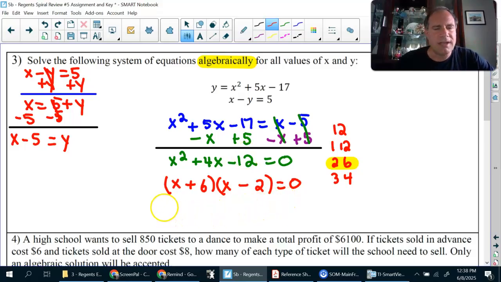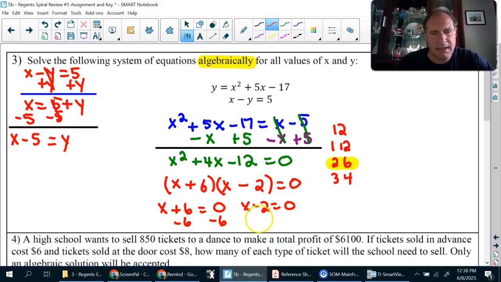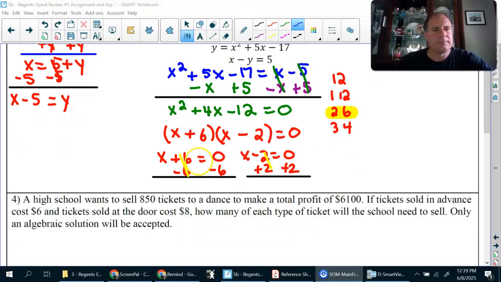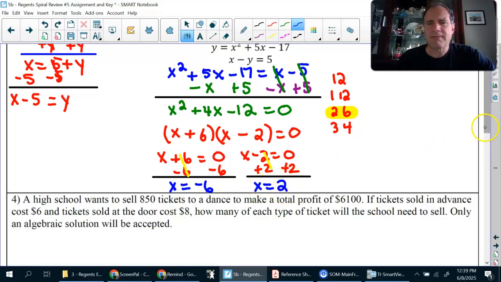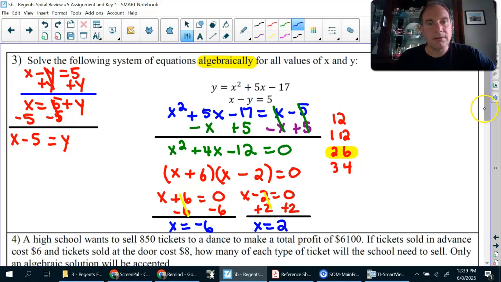Now we use the zero product property, and you have x plus 6 equals 0, x minus 2 equals 0. Then we have minus 6 on both sides and plus 2 on both sides, and you have x equals negative 6 and x equals 2.